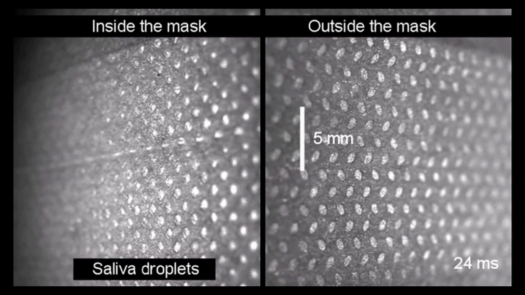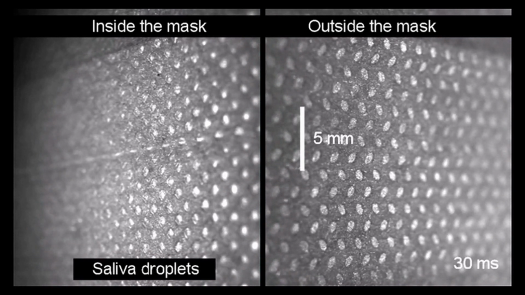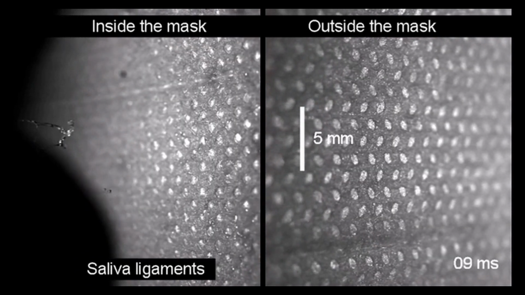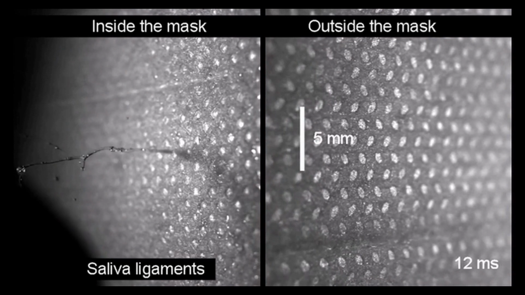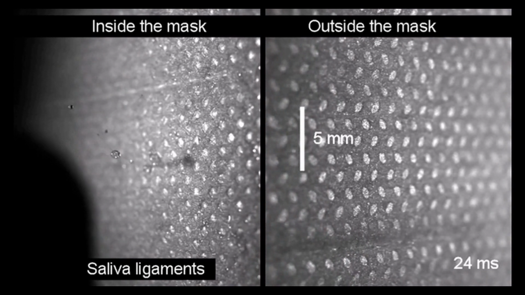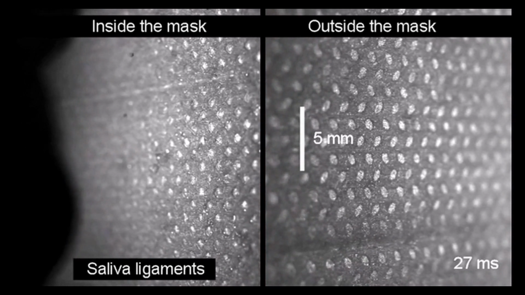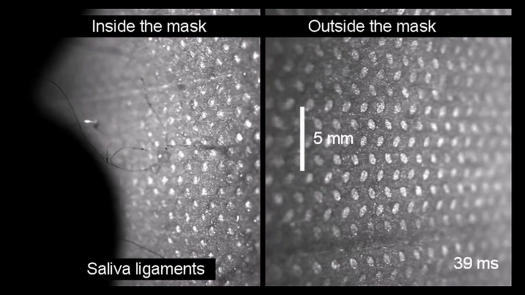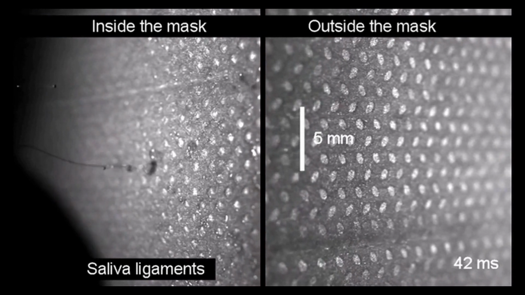And after the saliva droplets, we have been looking at saliva ligaments, which can be exhaled when sneezing, as well as when coughing. We can see those impact inside the mask of type 2R without seeing anything outside the mask.